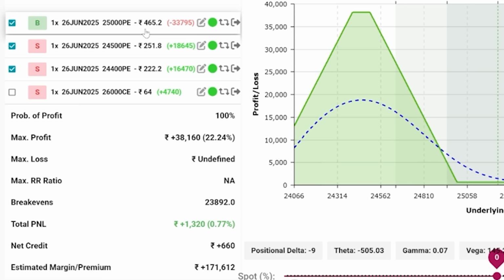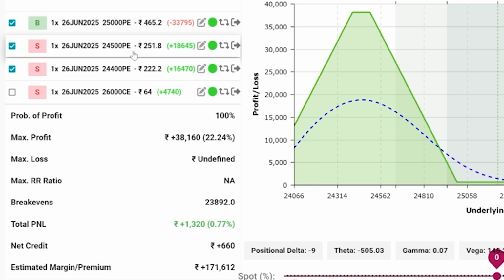Markets were moving very violently. Three times Nifty broke 24,500, but every time it broke, it did not close below 24,500 and recovered very fast. Because 24,500 is a support, the market can go even slightly lower also. So what I did, I sold the 24,400 put option and the 24,500 put option, both.